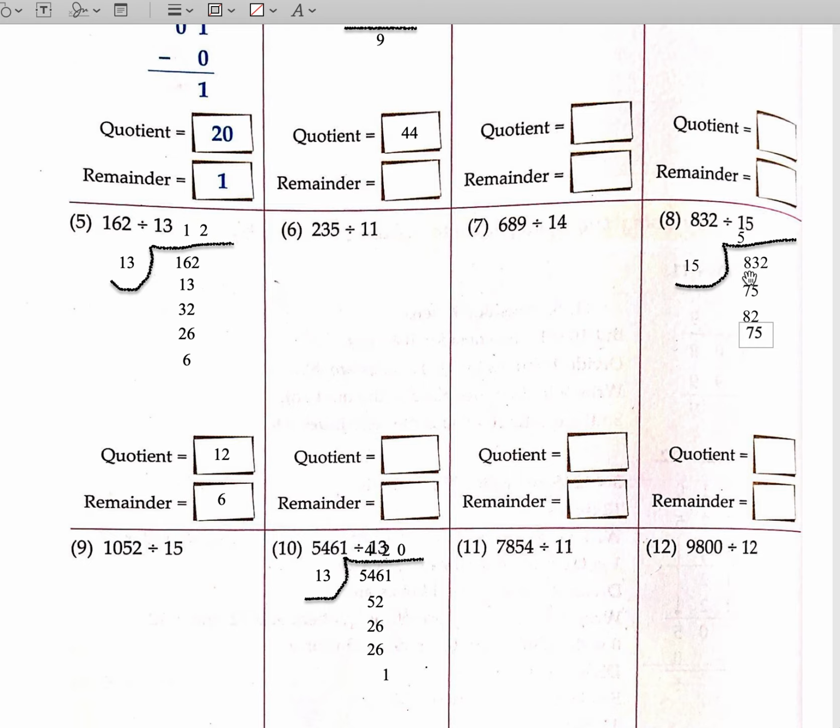So 75, and then 5 again as the quotient. Now we minus 82 minus 75, and then we get 7. So that means the remainder is 7 and the quotient is 55. So we write here quotient 55 and remainder 7.